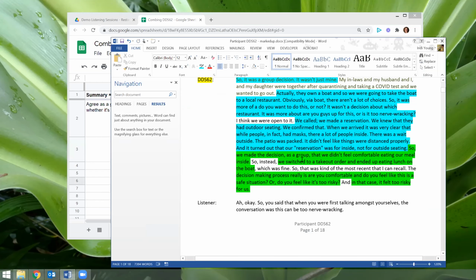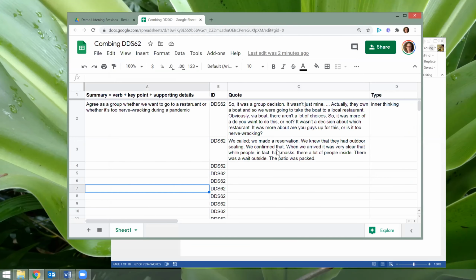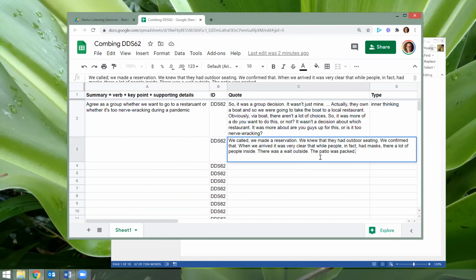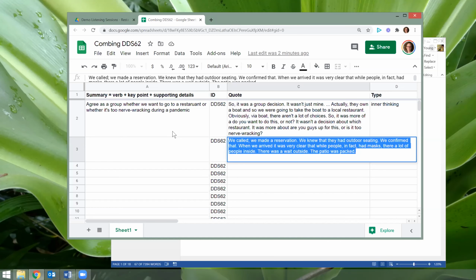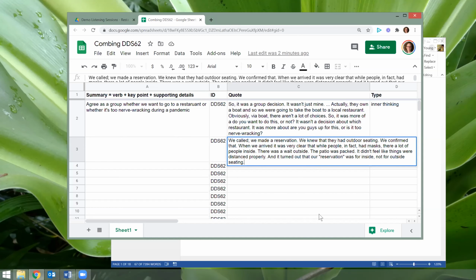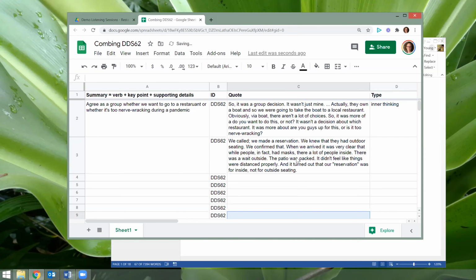Oh, I know, I highlighted it before I copied it. Copy that. Okay, now I can put it in here. All right, so here we made the reservation, blah, blah, blah. But the thing is that it didn't feel like things were distanced properly. That's the emotional reaction.